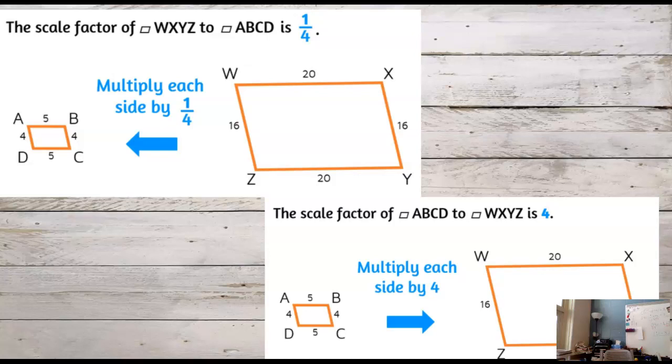So down here, our new is 20 and our old was 5. If I don't know how to do the multiplication, we divide, 20/5, and I find out that my scale factor is 4. You don't have to put it as 4/1, you can just put it as 4.